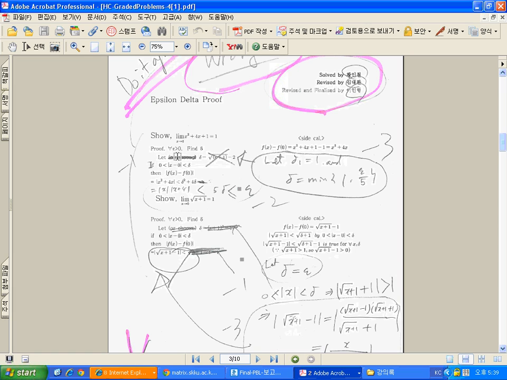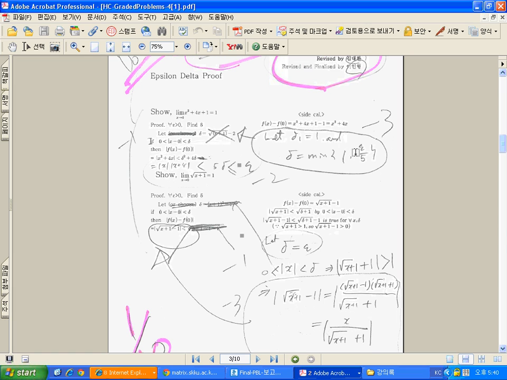So for an arbitrarily given epsilon, the side calculation here shows that f of x minus f of 0 is like this, x squared plus 4x. In order to make this one related to the absolute value of x, we need some kind of technique.